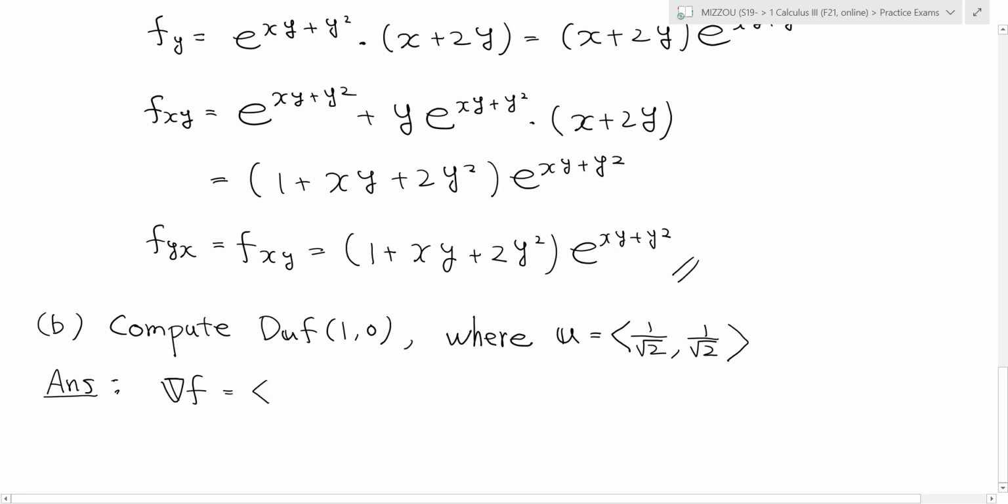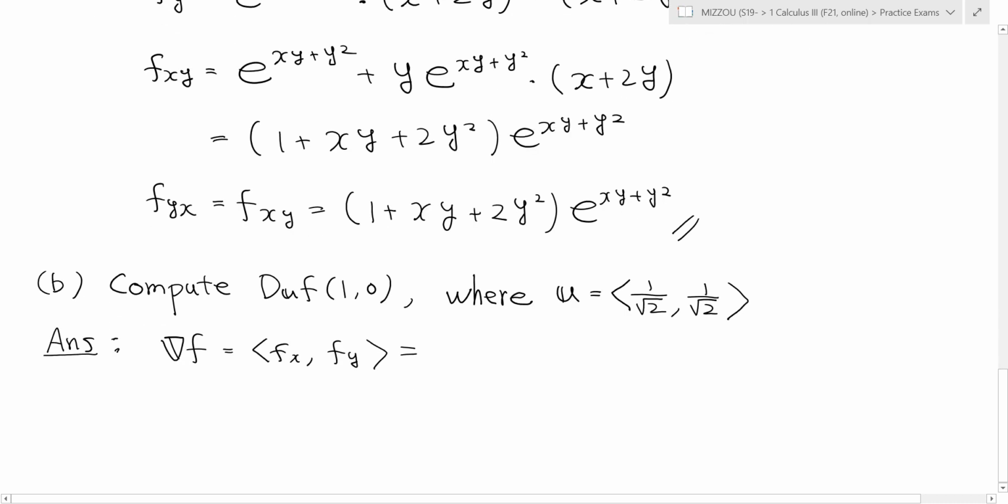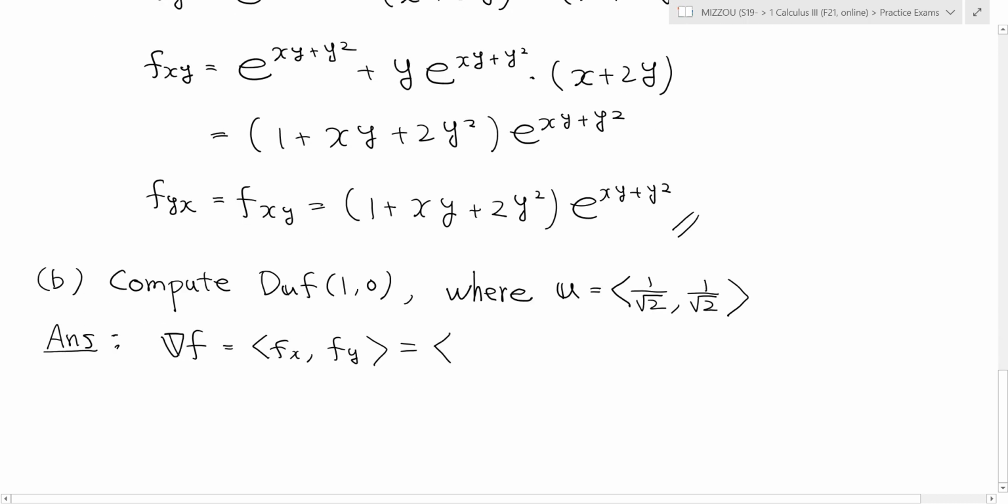That is f sub x, f sub y, and we already computed those two derivatives in the previous part, here and here. So let's use those. And then this is y e to the power of xy plus y squared, and x plus 2y, times e to the power of xy plus y squared.